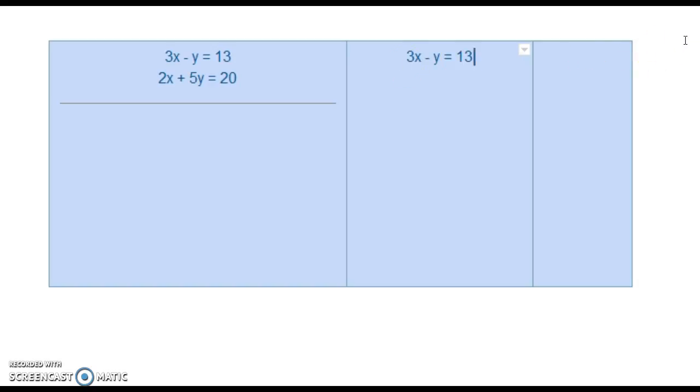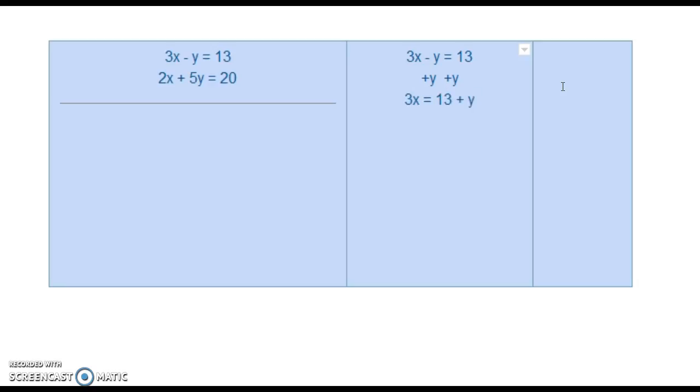I think the easiest way to solve for that y would be to add y to both sides of the equation. That way we have y as a positive instead of a negative. So if we do that, what we get is 3x equals 13 plus y.